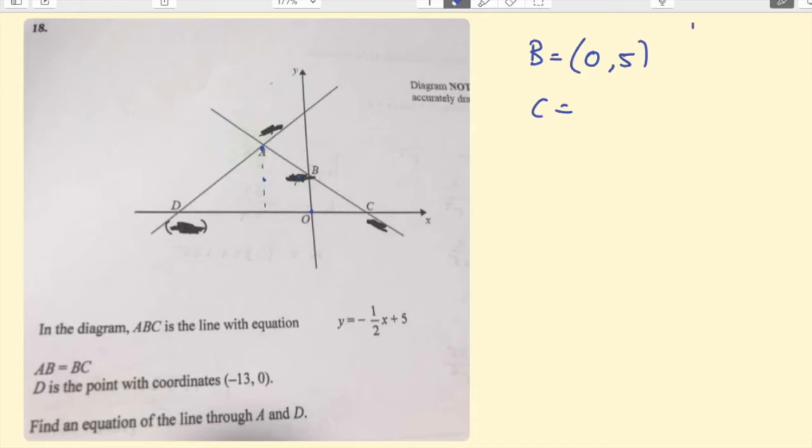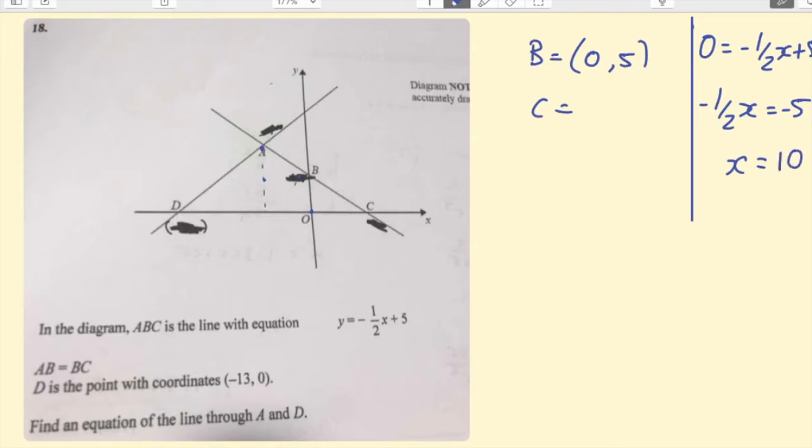So if we put 0 in for y in this equation, we can solve for x. So 0 equals a half x plus 5, then a half x equals minus 5, so x must equal minus 5 multiplied by minus 2, and you get 10. So the x-intercept there is 10, 0.